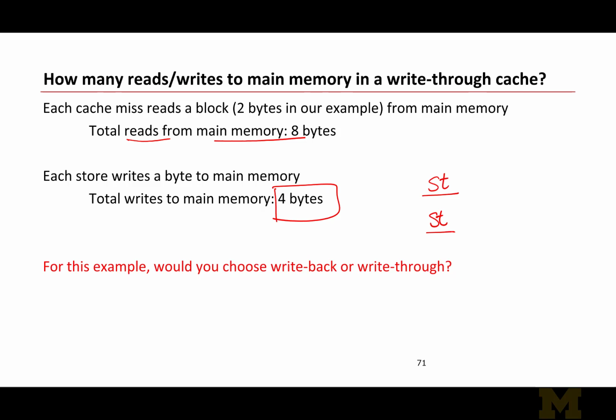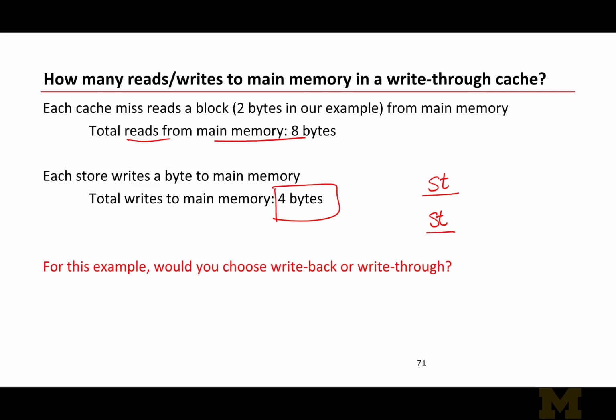But this is a contrived example. In a realistic system, a typical program would exhibit quite a bit of temporal locality even for stores, and so you would be able to save a significant number of writes to memory by avoiding them being written back.